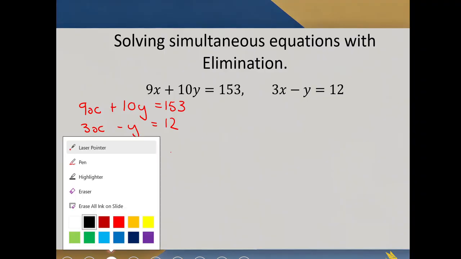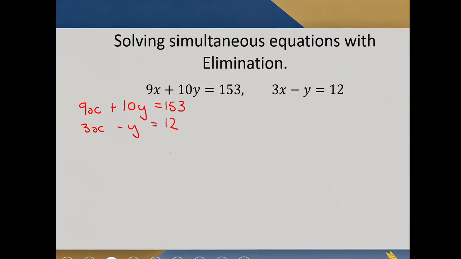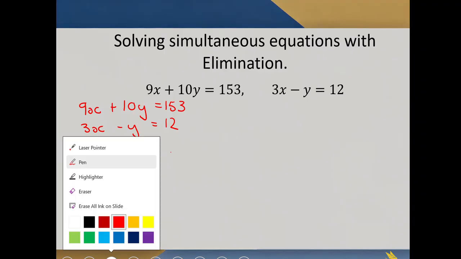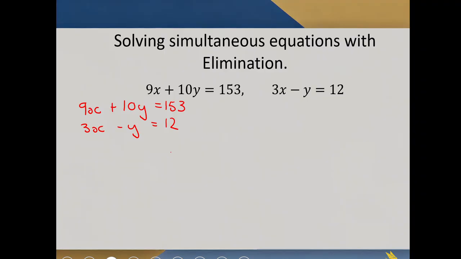At the moment, we can't cancel. So this one's a bit easier, in terms of we can see straight away that if I times this side here by 3 and I times this side here by 3 to make it an equivalent relationship, it will then have the same amount of x's as the top equation, so I can cancel that variable.